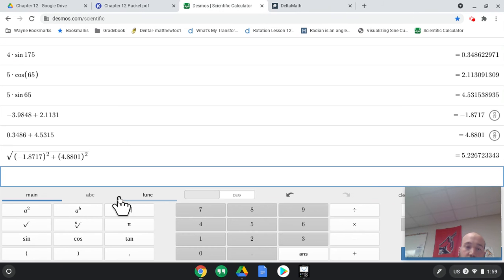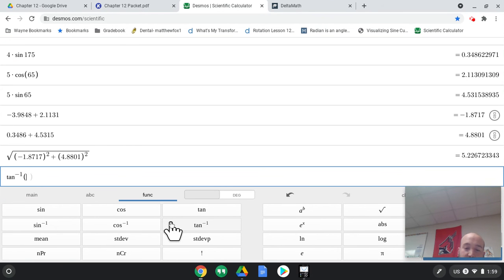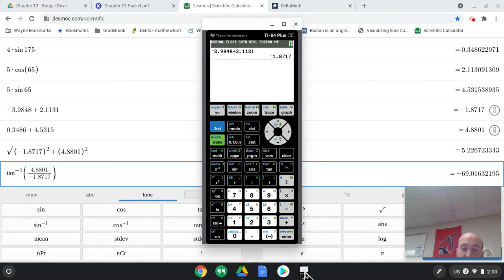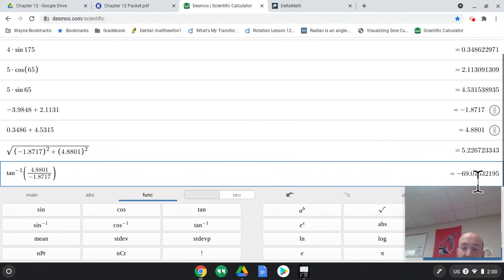Right here we go to function inverse tan, and then 4.8801 divided by negative 1.8717. I hope you remember, if you're doing it on here, when you're putting a negative inside of the inverse tan, you have to use this negative button or it'll count it wrong. It'll say error. So when I did that, I got negative 69. We'll round to the nearest whole number, so negative 69.